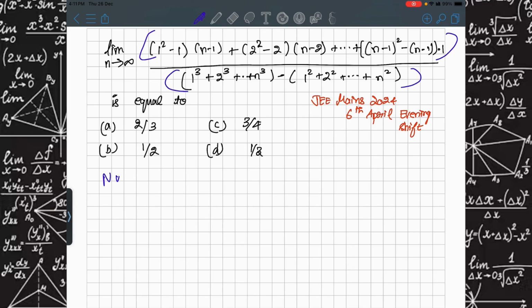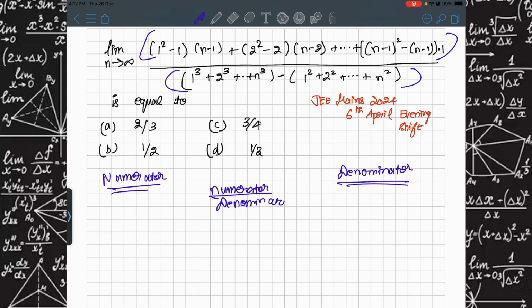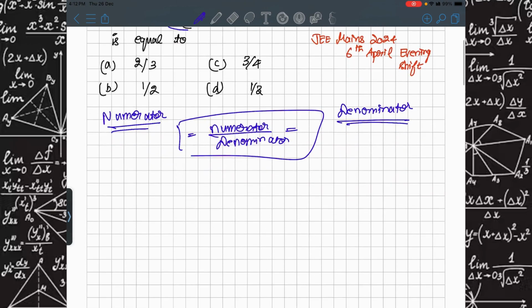So first we are going to break down into numerator and denominator, and after that we will be solving them separately, and then finally we will be doing numerator divided by denominator, so that we will calculate the limit value. This is the idea or the method which we are going to utilize here. So we will start by solving the numerator part first.